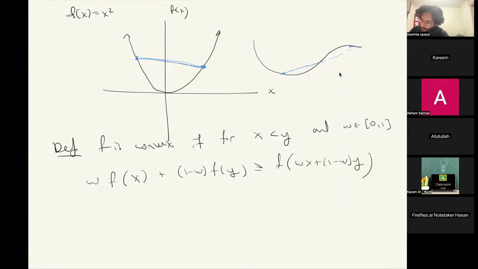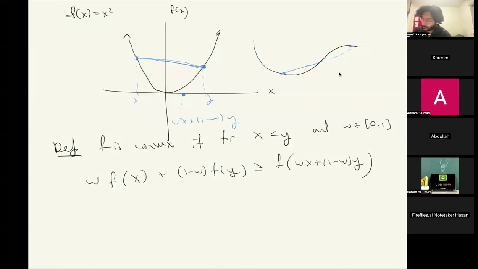So what do I mean here? Let's say here's x and here's y. Where is this wx plus 1 minus wy? It's somewhere in between. It's some weighted combination. Remember we talked about weighted combinations last time.